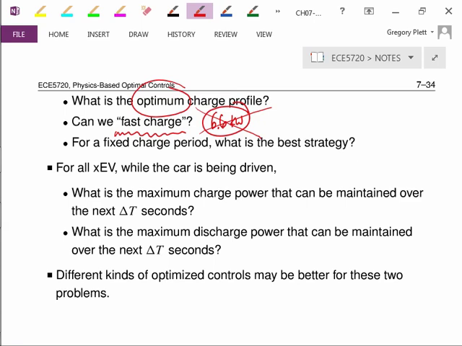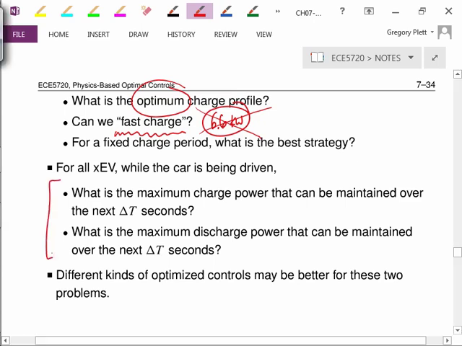For any kind of electrified vehicle, including a hybrid, while the car is being driven, we can also ask these questions. What is the maximum charge power that can be sustained over the next delta t seconds, and what is the maximum discharge power that can be sustained over the next delta t seconds, while minimizing degradation in some sense?